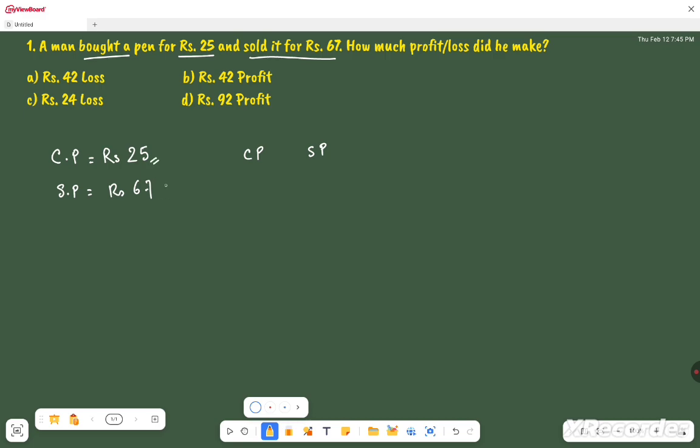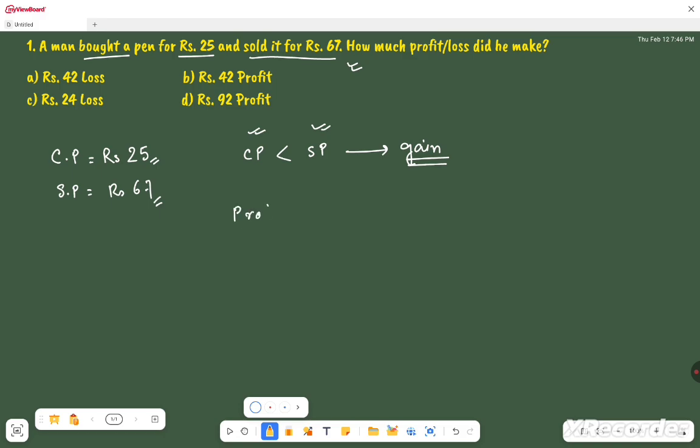CP is 25 and selling price is 67. Obviously the selling price is greater than the cost price. That means the revenue is greater than the expense. That means this will be a gain in the business. So obviously in this transaction, the person is gaining. That means there is a profit.